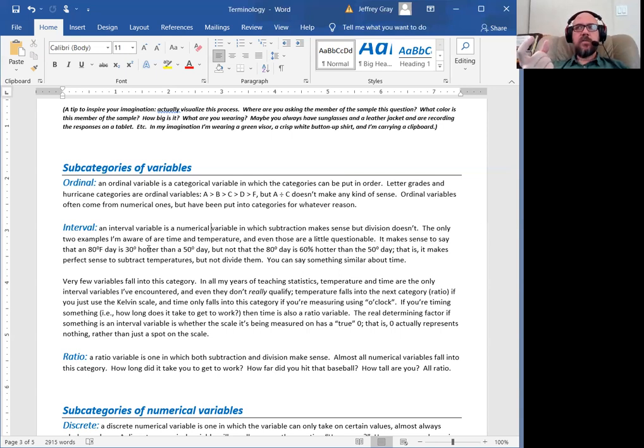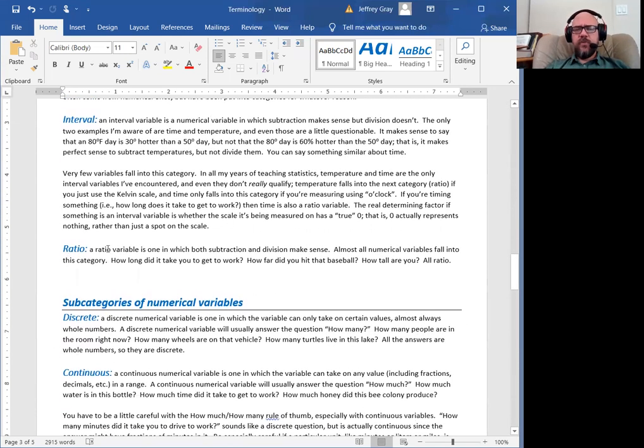If I divided 10.73 over 10.54, I would find the ratio of the average rate of speed that the two women traveled over the race, and it would make perfect sense. So if you're timing things, then the ratio works fine. And if you were using Kelvin, then temperature works fine. I don't actually know of any other examples of variables that are interval but not ratio.